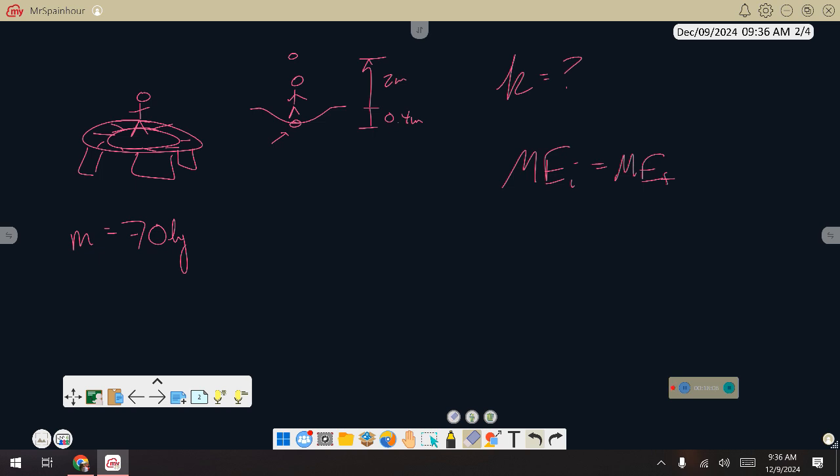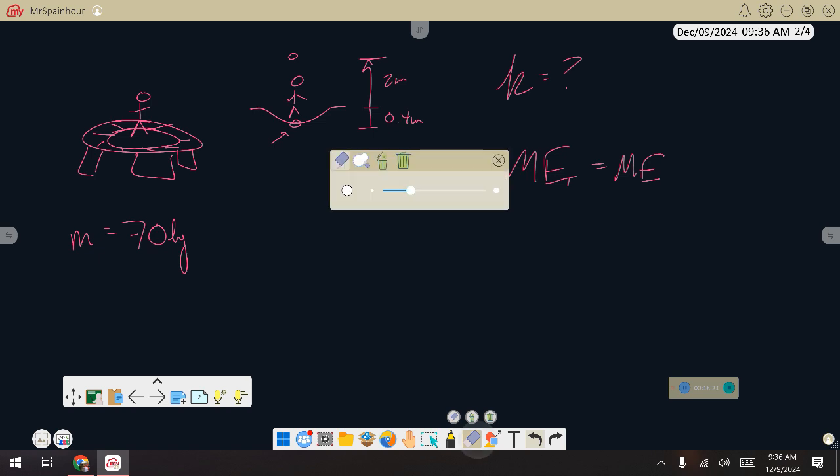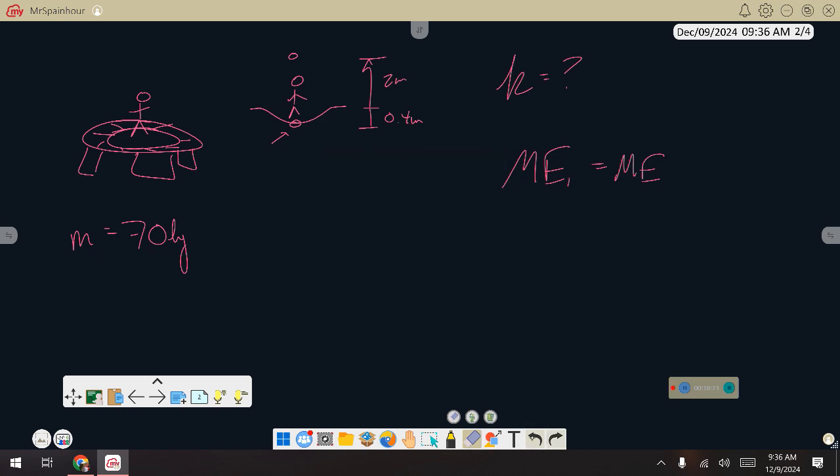Next, what we do from here is I'm going to change this. Instead of saying initial and final, and you're welcome to use initial and final, that's kind of confusing because it's going back and forth. I'm just going to say top and bottom, or stretched, or whatever you want. Let's go bottom and top. Okay, so mechanical energy.